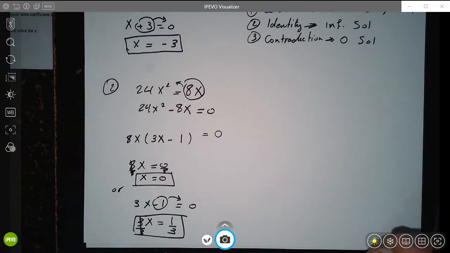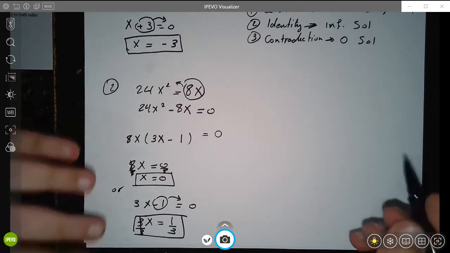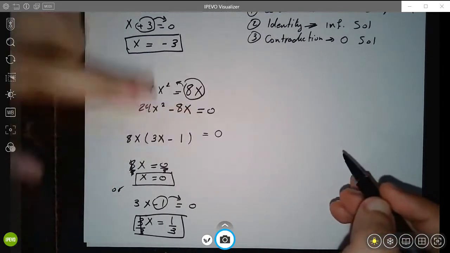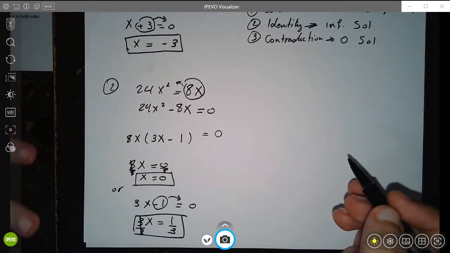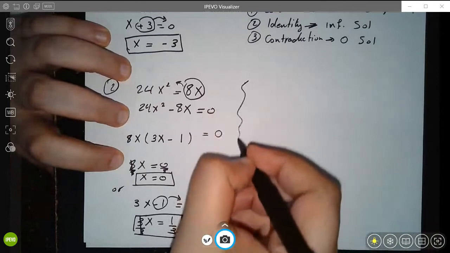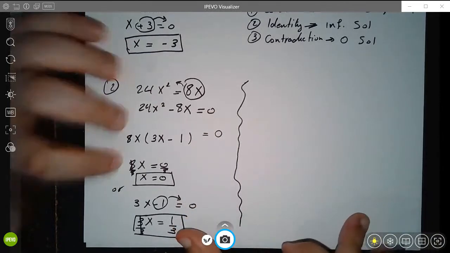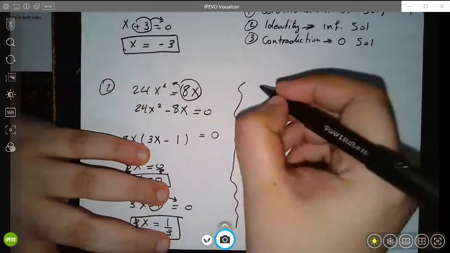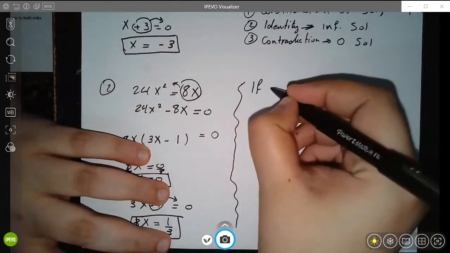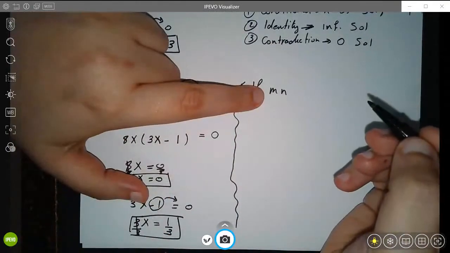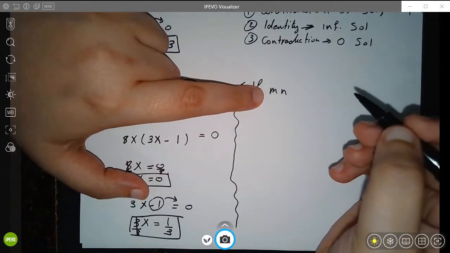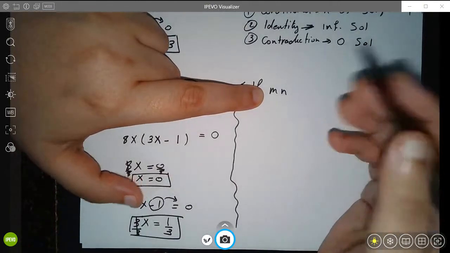Now, did you notice how I was talking about setting everything equal to 0? Because this is called the zero product. Now let me give you a little rule to follow. It says if m and n, right? These two letters are multiplied and they're variables. You don't know what they are, but they're supposed to be numbers, right?